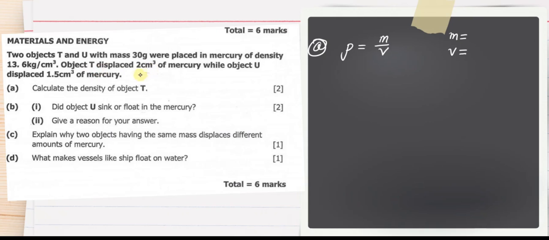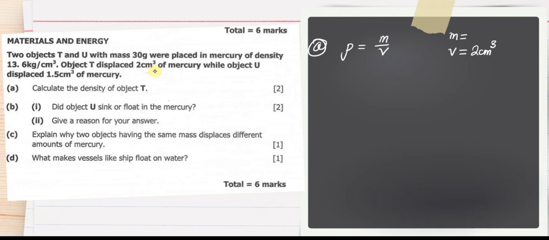We are told it is 2, so we get volume here is 2 centimeters cubed. Then they are saying of mercury, while object U displaced 1.5 cubic centimeters of mercury.